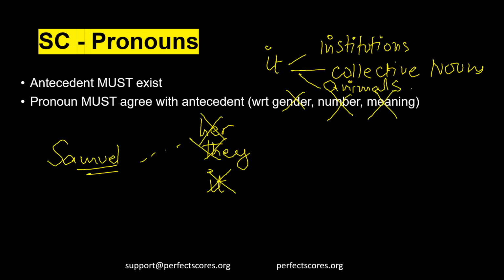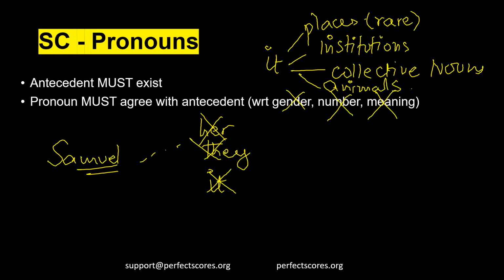And it can also be used for places, but usually places you can avoid because places don't really do actions. And you usually use pronouns for the nouns that are doing action. So this one is going to be a little rare. But yeah, the second rule is pronoun must agree with the antecedent.